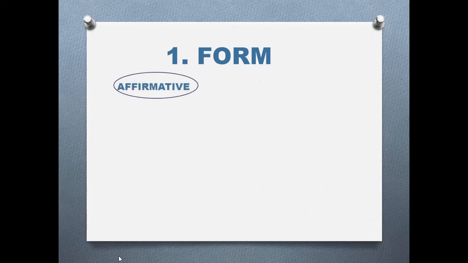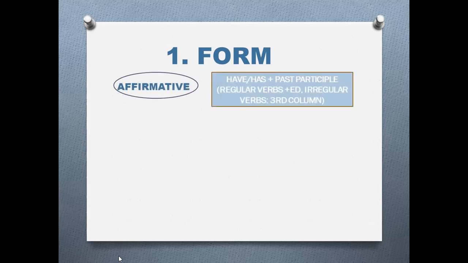Okay, regarding the affirmative and all the other forms, the most important thing is that we need two different verbs. On the one hand, we have the auxiliary verb, which is have, and depending on the subject, has. And then we have the past participle form of the verb.